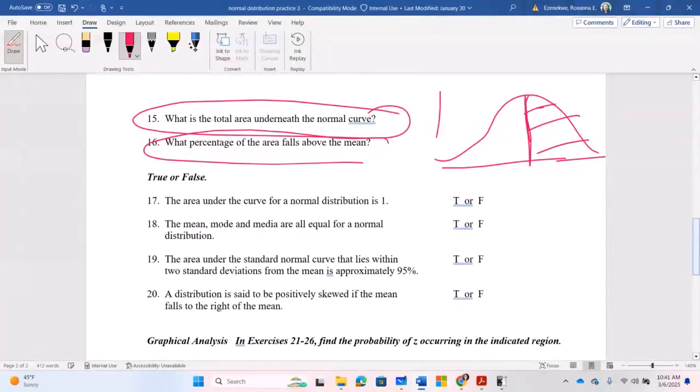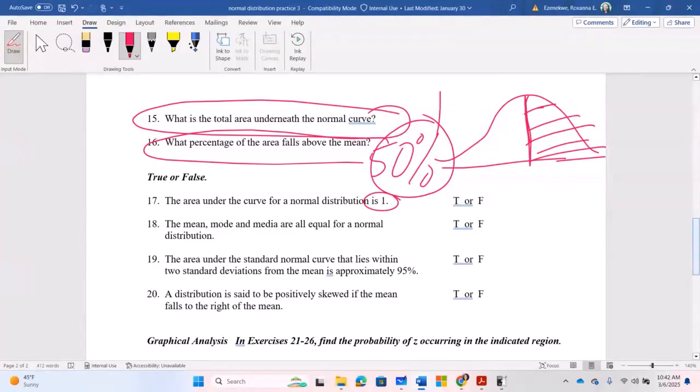If I divide 1 by 2, I have 0.5, but it's a percentage, so if I convert 0.5 to percent, it is 50%. Remember, the question says what percentage, so you leave your answer in percent.